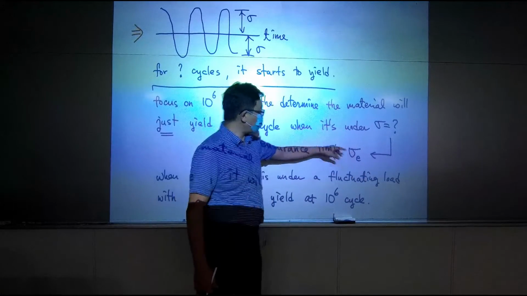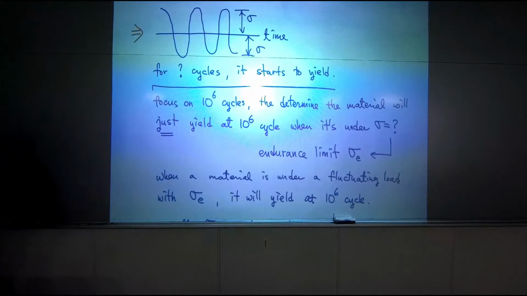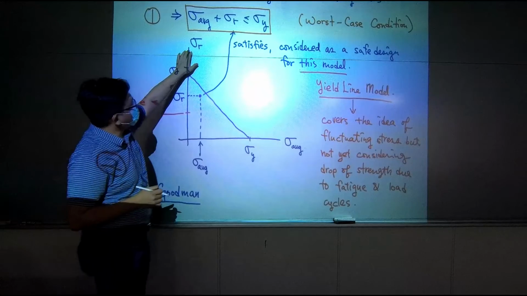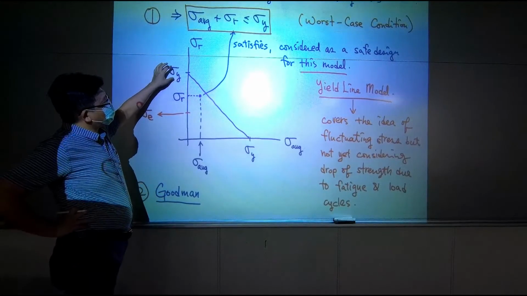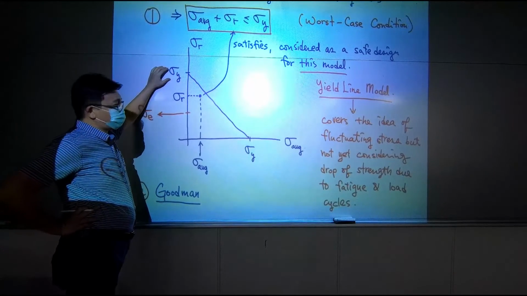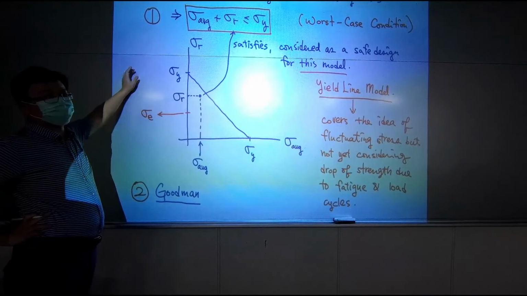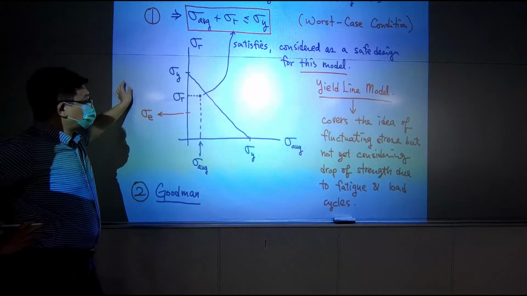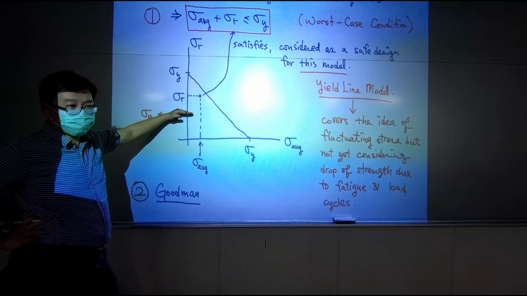So for a greater amount, this is still okay. So right here, along the y-axis, which represents how the stress is fluctuating, we cannot just consider the yield strength. We should consider the endurance limit. So we assume it's going to carry cycles greater than 10 to the power of 6, so I should use this value as my design limit.